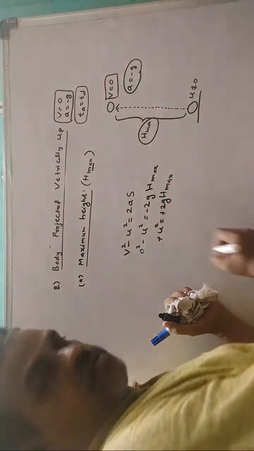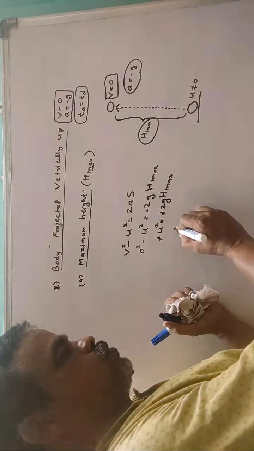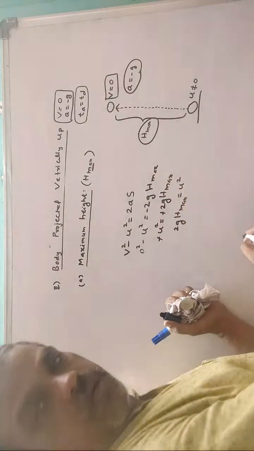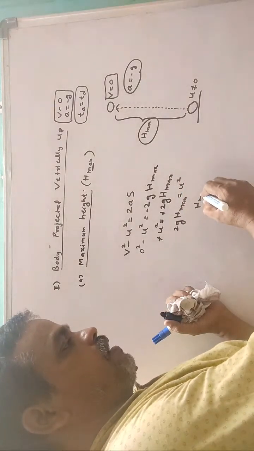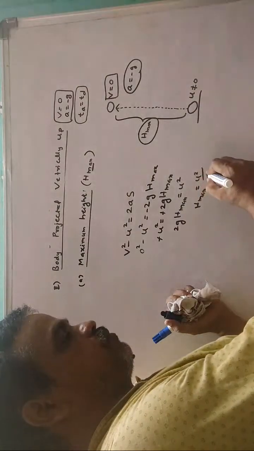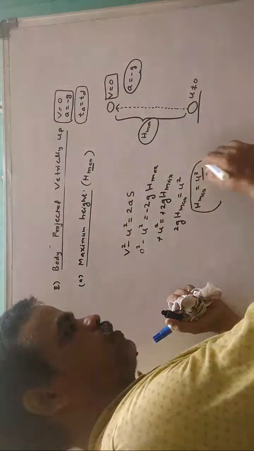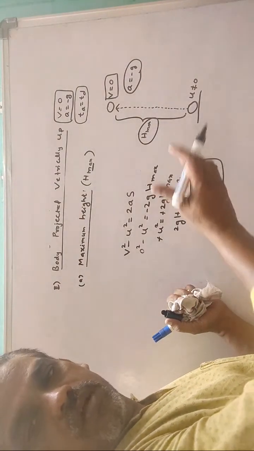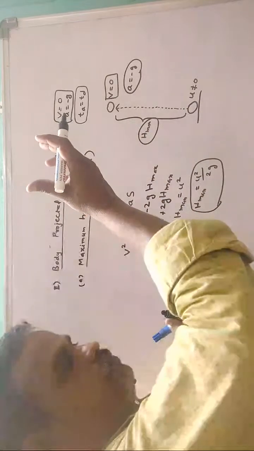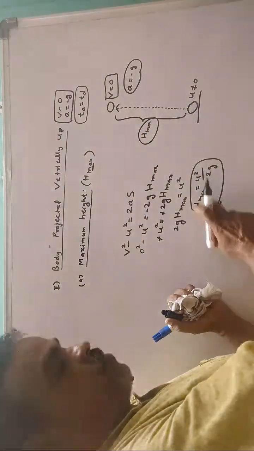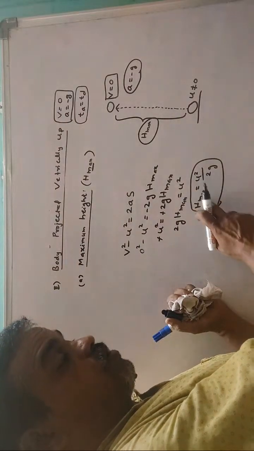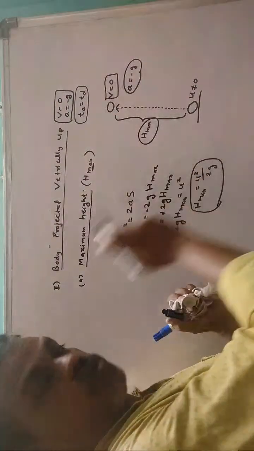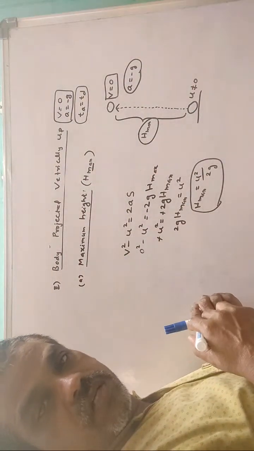So minus minus gets cancelled. You will get 2g h max equal to u square, h max equal to u square by 2g. This you write it. So the body is projected vertically up. What is the maximum height it reaches? For maximum height, the formula is h max equal to u square by 2g. You just write it.